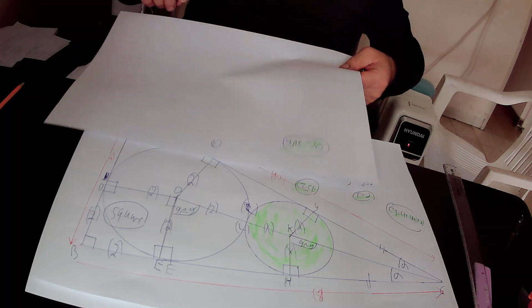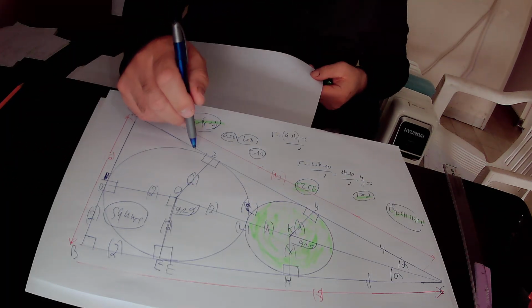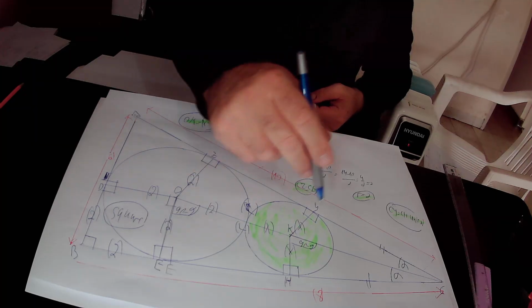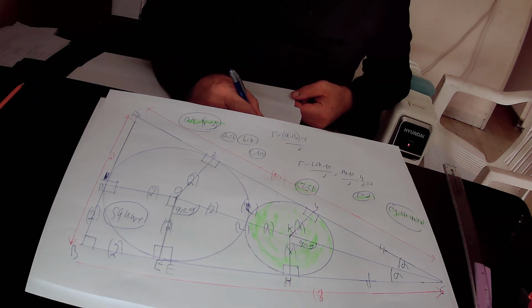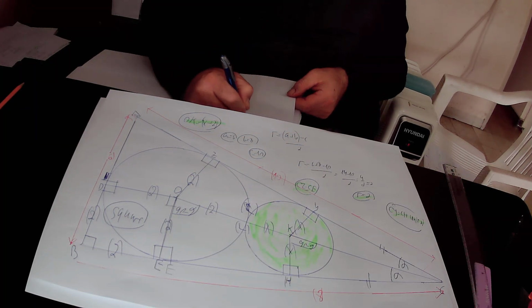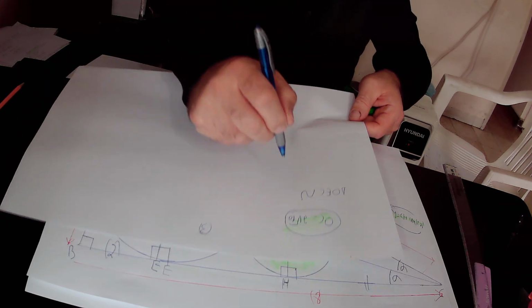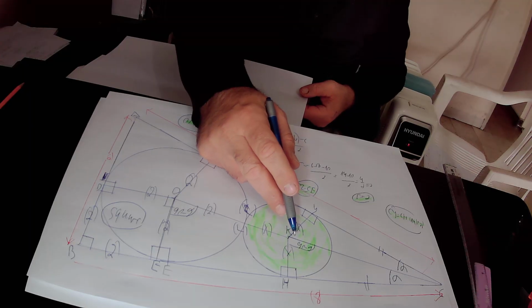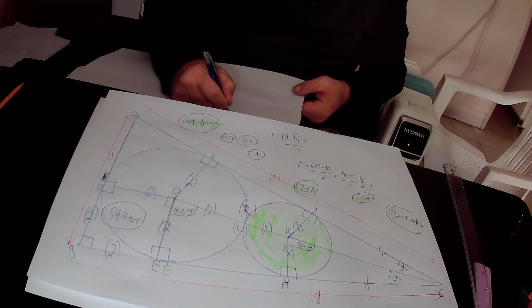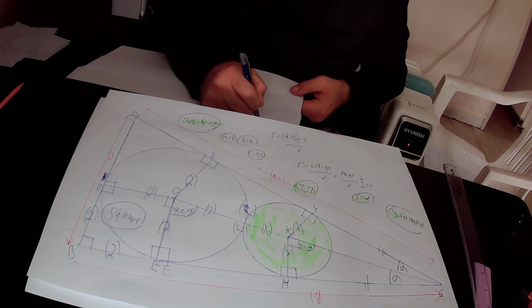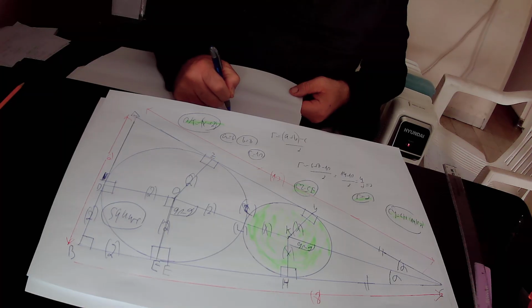So now we found out that the big right triangle OEC is similar to this small right triangle KHC, according to the angle similarity rule.